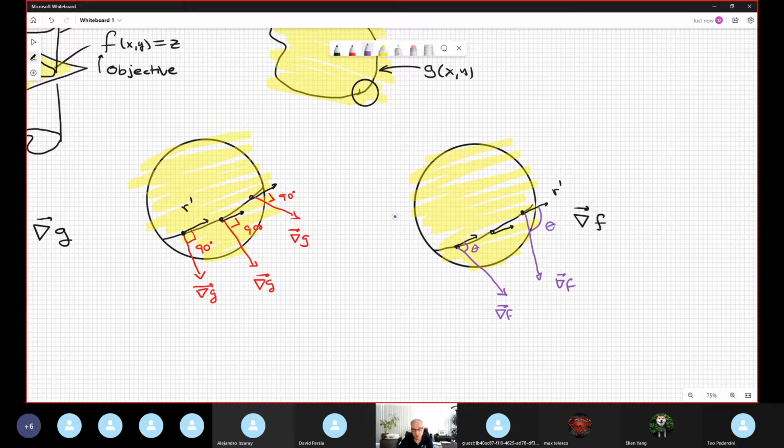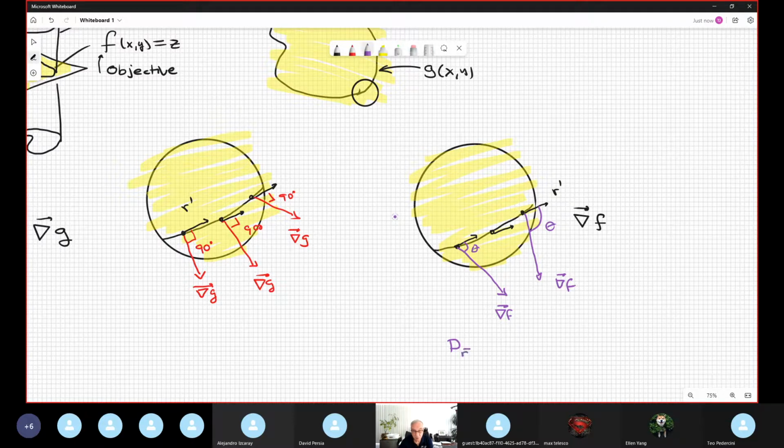Then, you remember the directional derivative is in the direction u. In this case, the direction u that we are using in this analysis is the direction of the tangent vector.